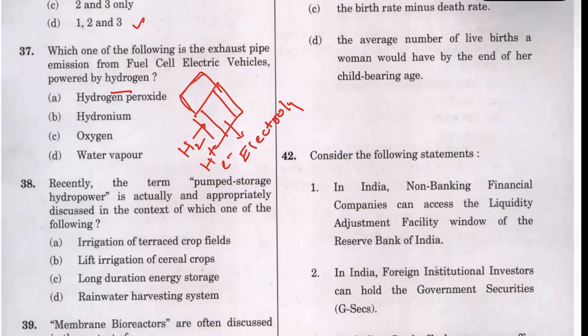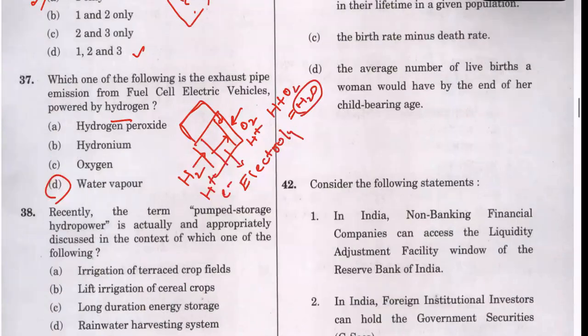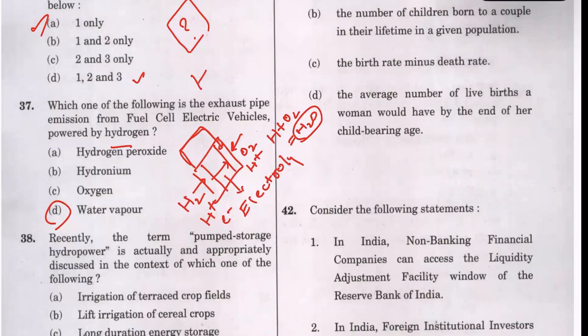Electron, when it reaches here, joins with oxygen, and this H plus goes here. H plus goes here, electron joins here, so it becomes H2O. So that comes out as water vapor. This is something that I studied because last time there was a question on hydrogen cell.